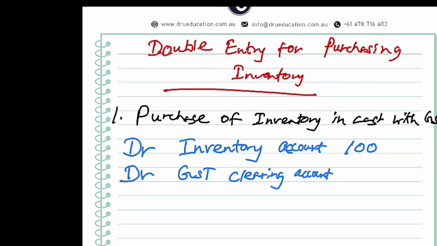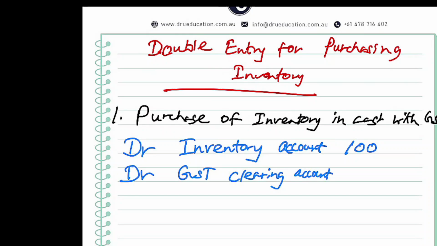What is GST clearing account? What kind of accounting element did you learn in Unit 2? Liability. Remember we did it? GST is a liability. Why? Because usually we will make more sales than we purchase.